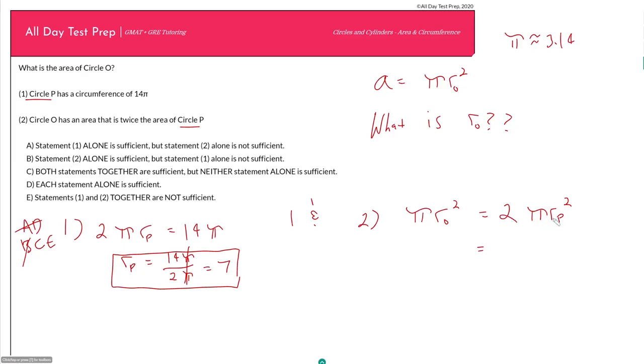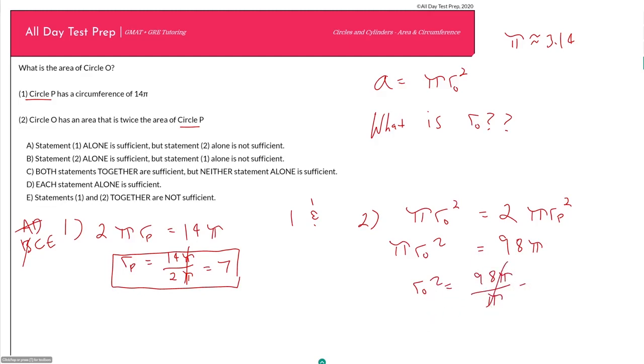The area of circle P should just be pi times 7 squared, which is 49 pi, and then 2 times that should be 98 pi. So if we are looking for the radius of circle O, it should be 98 pi over pi.